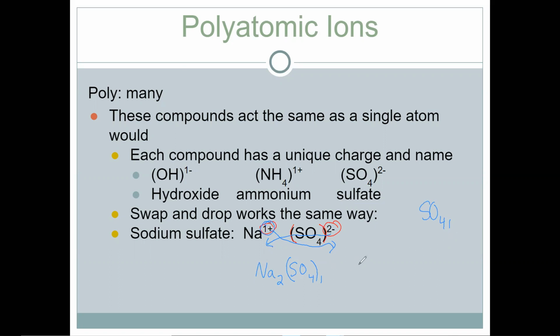Okay, so your parentheses are super important. You could then simplify this to Na2SO4. When there is not a subscript, you do not need those parentheses, but if there is one, then you absolutely do need it.